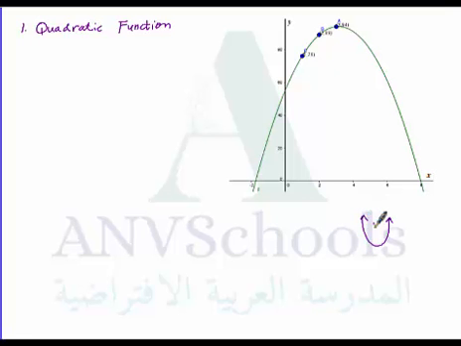They have a minimum or maximum point in the middle, which defines their axis of symmetry. So this type of function is a quadratic function, and no question about that.